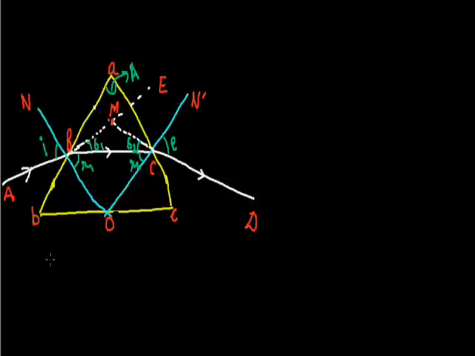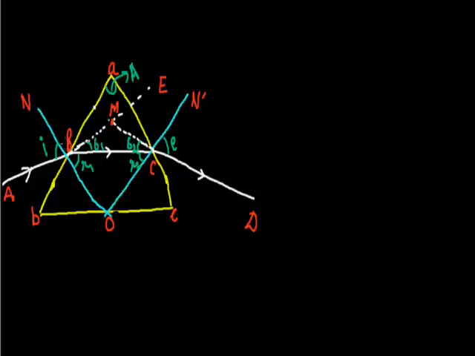Here, this ray AB falls on the surface BA. This is the refracting surface of the prism, and when the incident light AB falls on it, it undergoes the process of refraction. This blue line is showing the normal, which is perpendicular to the surface of the prism.